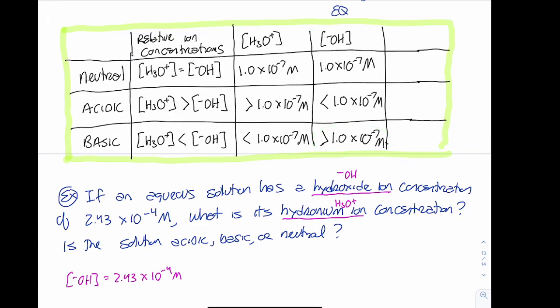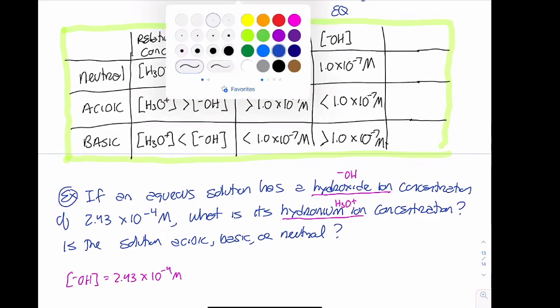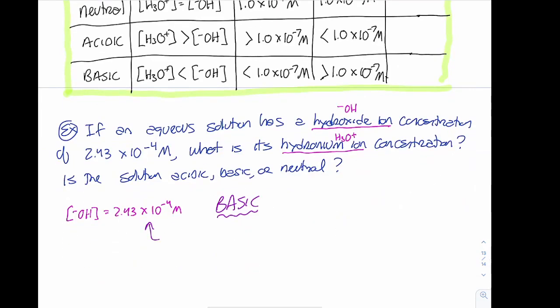These are negative exponents, so this number is bigger than that number. So this is actually a basic solution. Larger than 1.0 times 10 to the negative seventh molar.